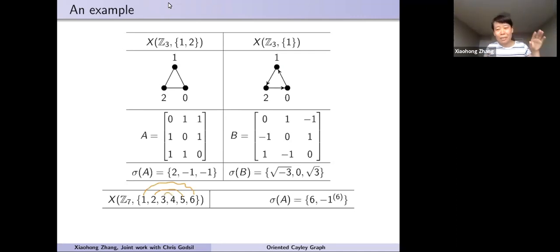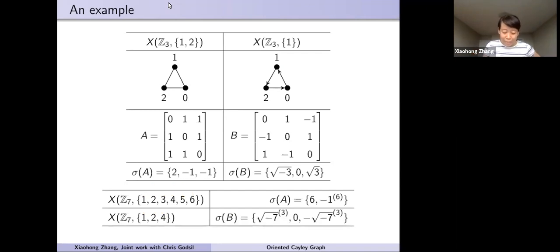For an oriented one, we need C and -C being disjoint, so for each pair we can take at most one of the elements. Which of those do we take? We can check that if we take 1, 2, 4, the eigenvalues have the form we like. Another one we can take is just their negatives, but those are all the possibilities.